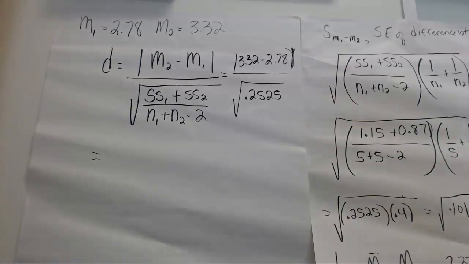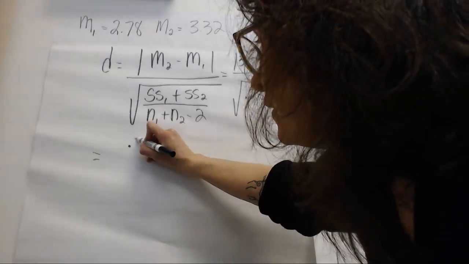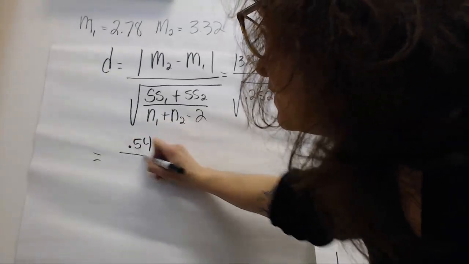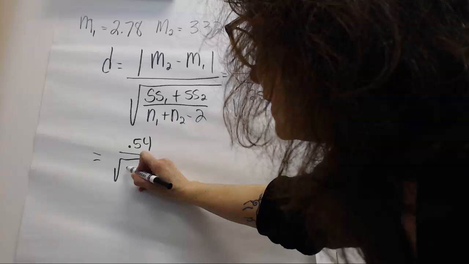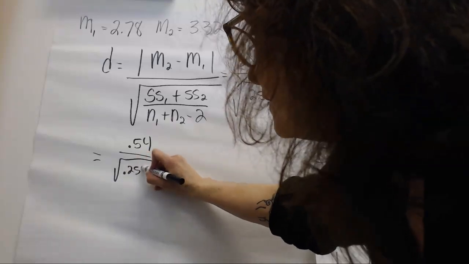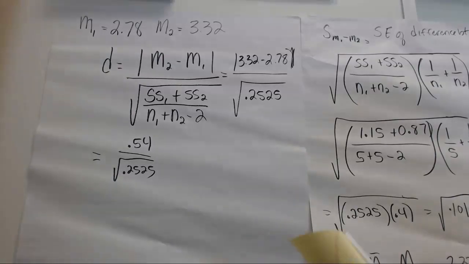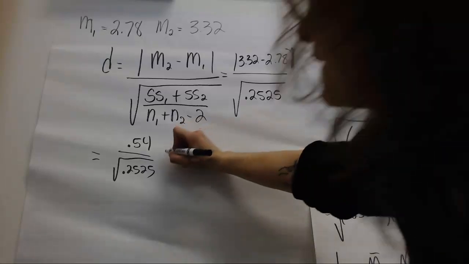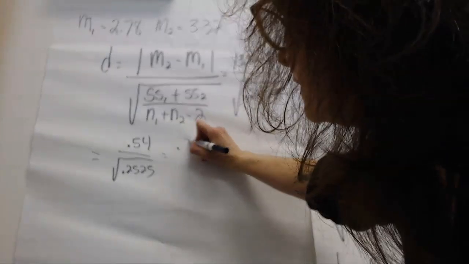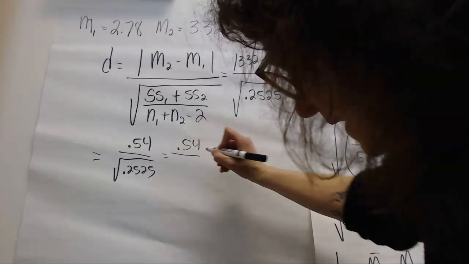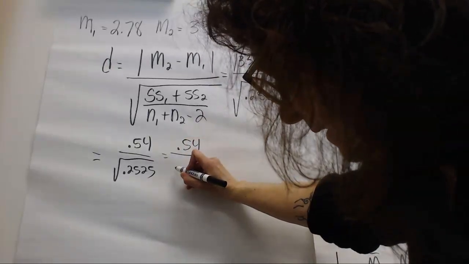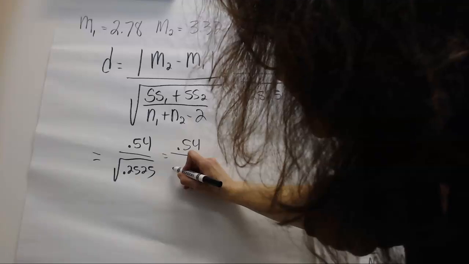So we know that the difference between those two values is 0.54 divided by the square root of 0.2525, right, and that's going to give us 0.54 divided by 0.5.